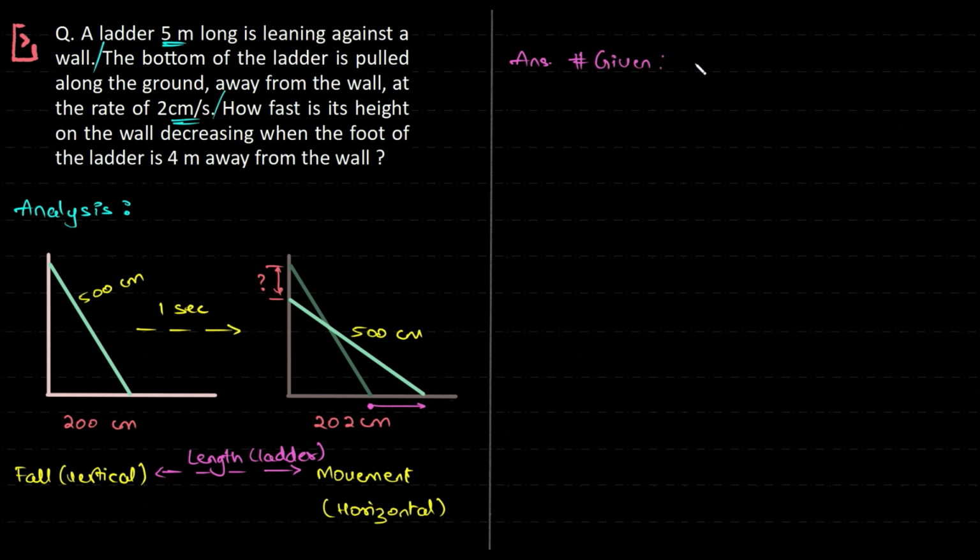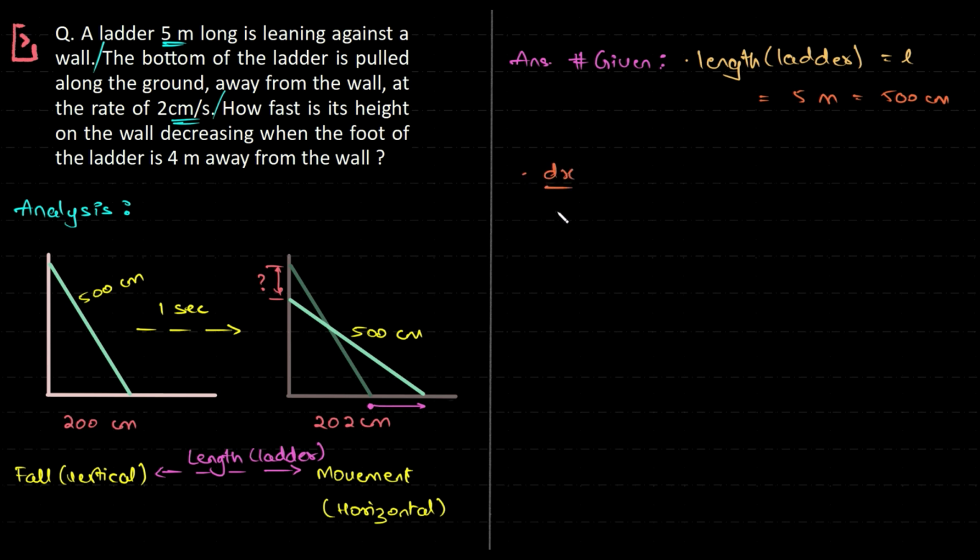So we have been given the length of the ladder to be L. So this is basically 5 meters, which is 500 centimeters. Again, the answer starts from here. We have to show all the working.